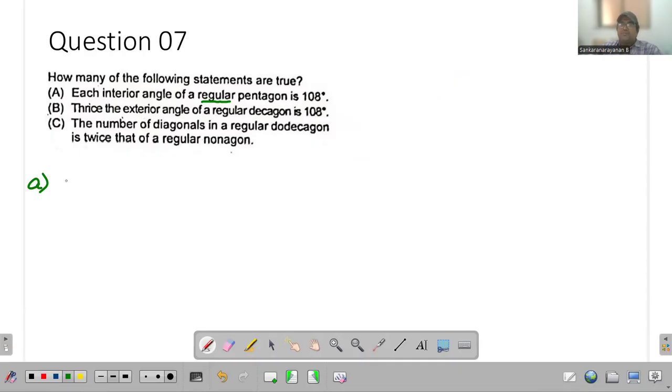So recall the sum of all internal angles or interior angles for a polygon with n sides will be 180 into n minus 2. Here n is equal to 5. So the sum of all the interior angles of the regular pentagon will be 180 into 5 minus 2, that is 3, so the total will be 540 degrees.